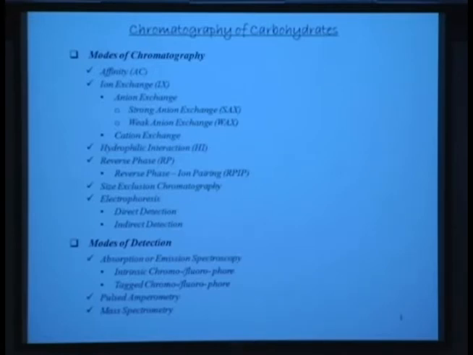We have hydrophilic interaction chromatography, which is called HILIC, H-I-L-I-C. We have reversed phase chromatography. We have the usual reversed phase, or we have reversed phase ion pairing called RPIP chromatography. We have size exclusion chromatography, and I also brought in electrophoresis.